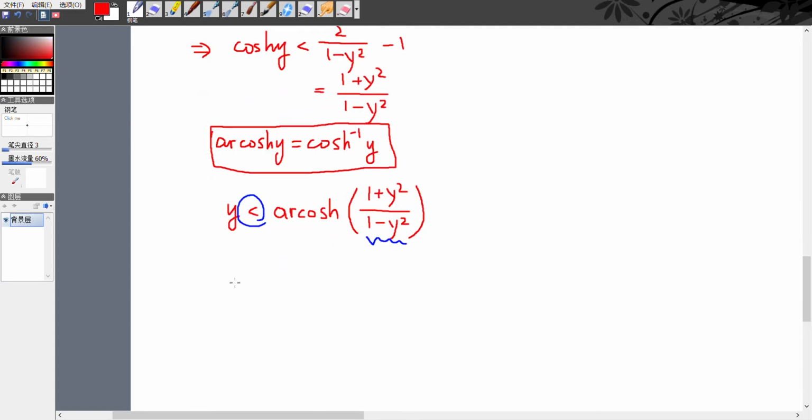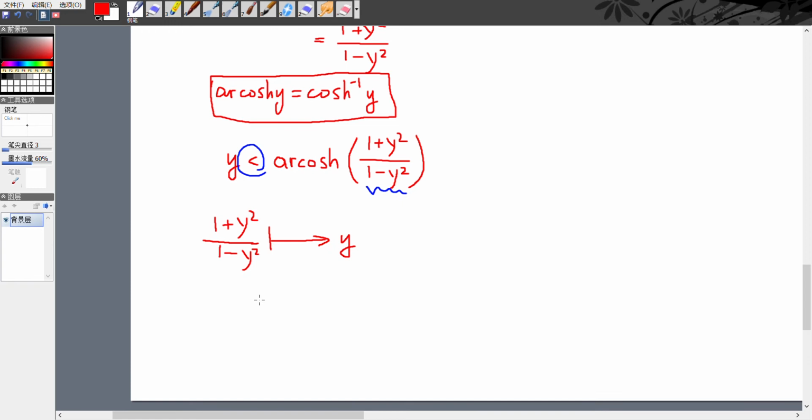So here's what we want. We want (1 plus y squared) divided by (1 minus y squared). We want this term to be sent into y, and then we will have a nice looking arccosh y.